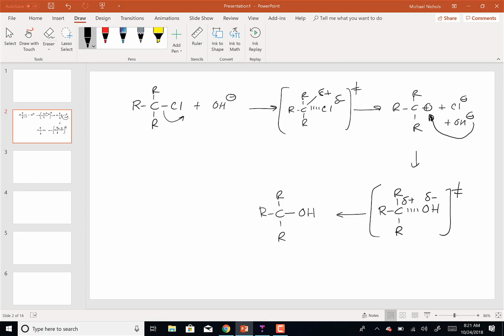But let's talk about the types of nucleophiles I can do this reaction with. I'm going to classify, and I did this at the end of class on Monday, any nucleophile with a negative charge as a strong nucleophile.